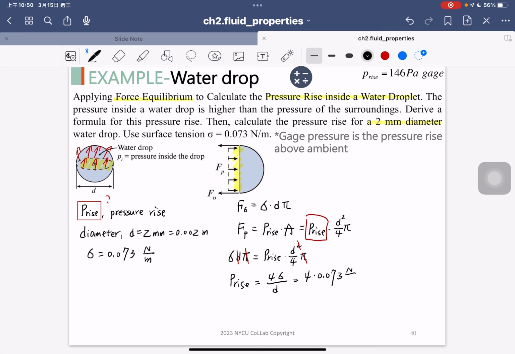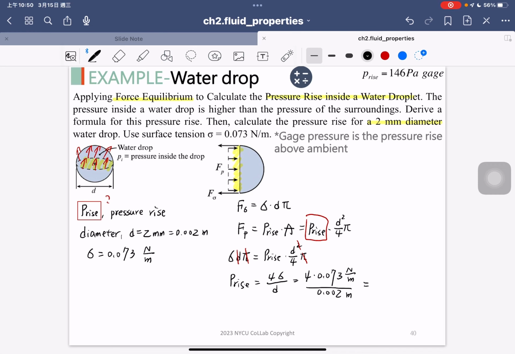0.073 Newton per meter divided by 0.002 meter. Okay, the dimensions are consistent, so we can directly compute the answer by calculator.